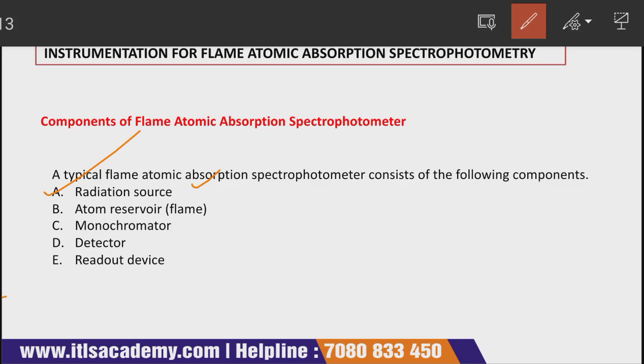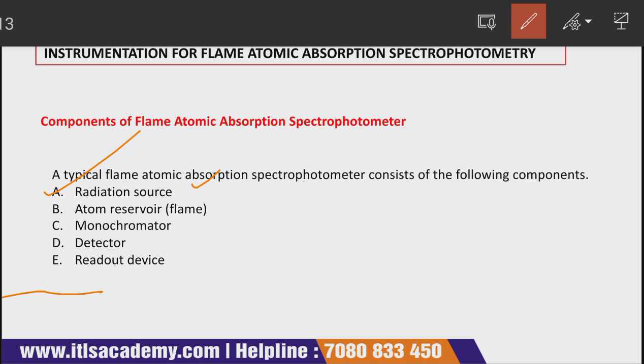Then comes your detector. The detector plays a very important role in detecting the emitted radiation that is passed through the monochromator. A good detector should be able to detect even a very weak signal for better accuracy. Then comes your readout devices, or you can say computer.